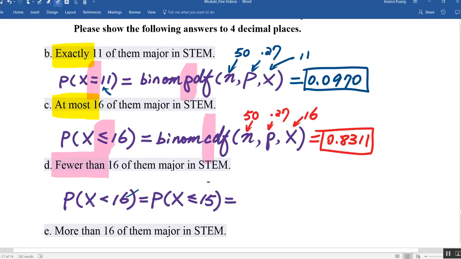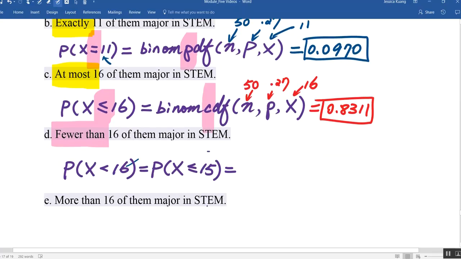Why is X strictly less than 16 equivalent to X less than or equal to 15? Because X is discrete. We could have 15 students, 16 students, 17 students, but we cannot have anything between 16 and 15. So strictly less than 16 is equivalent to less than or equal to 15.